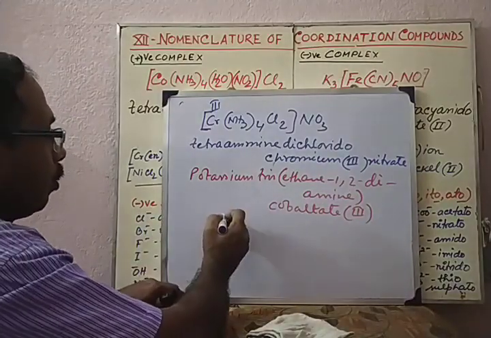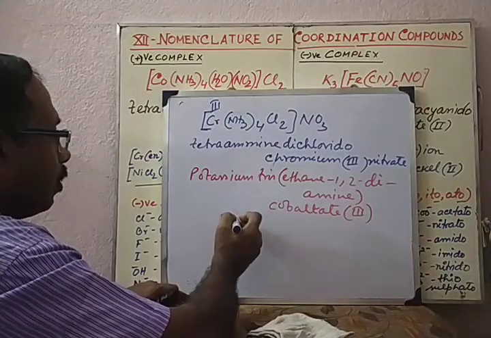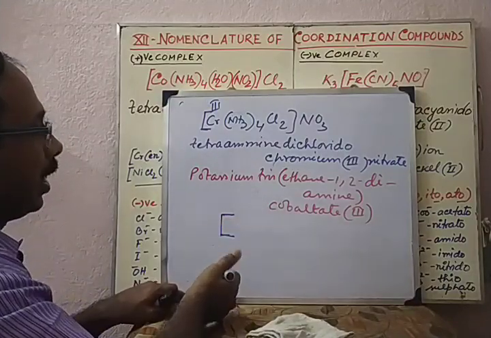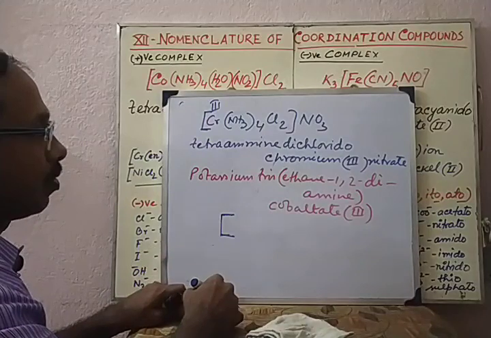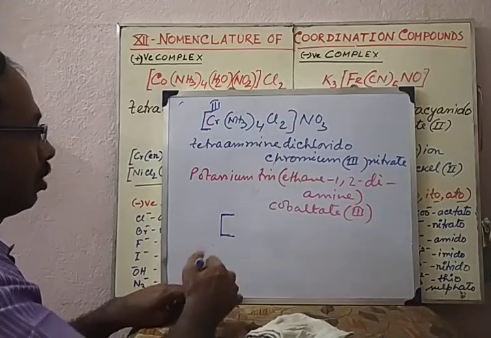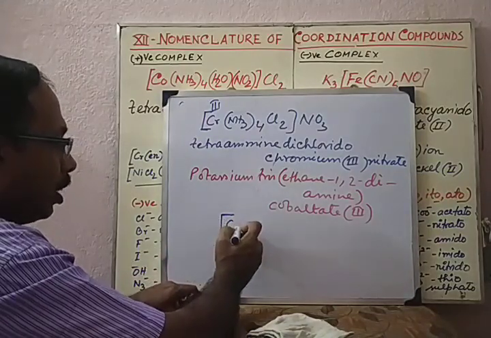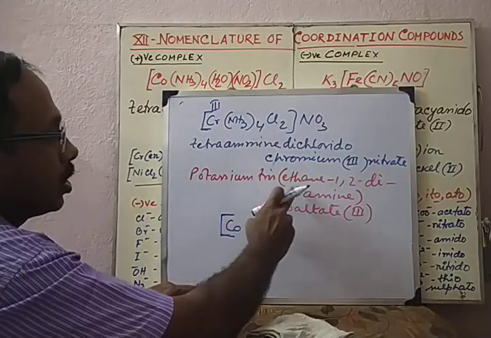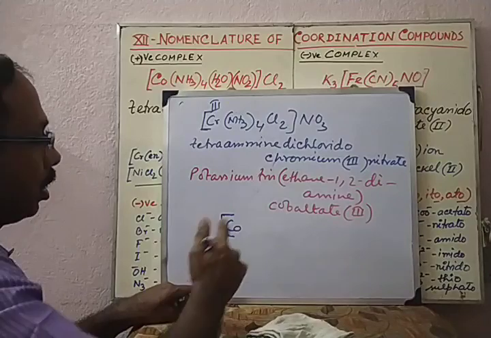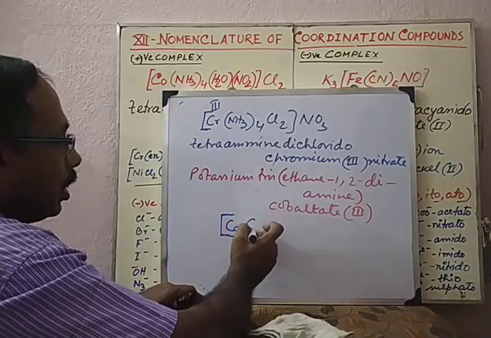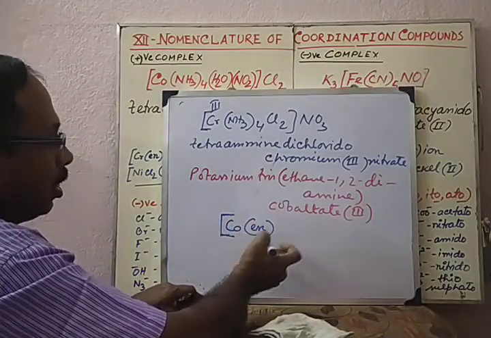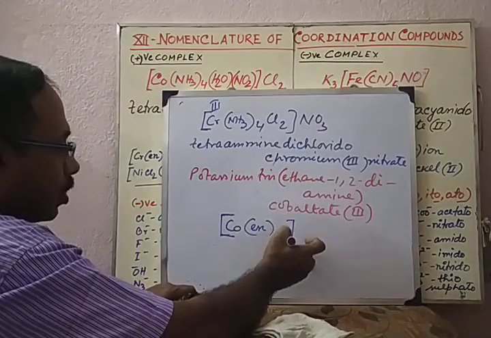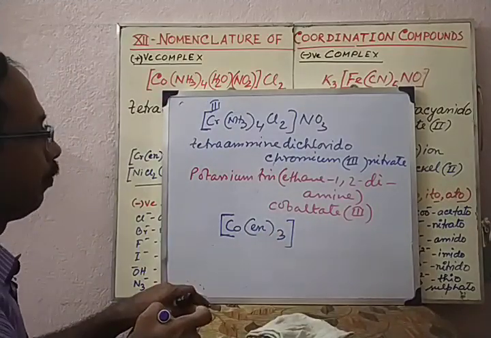First, we write the square bracket. In this case, the process is reverse, meaning we should write the formula of the metal ion first. Then it is tris ethane-1,2-diamine, which is written in short as en. Tris means 3 are there.